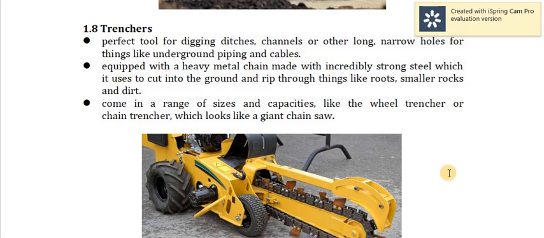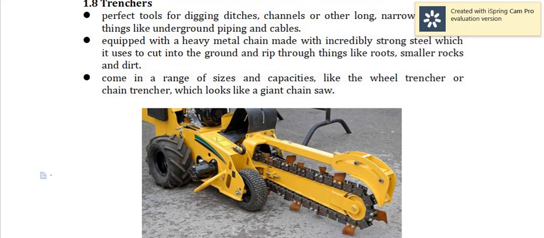Next we have trenchers. Trenchers are perfect tools for digging ditches, channels, or long, narrow holes for things like underground piping and cables. So this equipment is equipped with a heavy metal chain, made with incredibly strong steel, which it uses to cut into the ground and rip through things like roots, smaller rocks, and dirt. So, ayun guys.